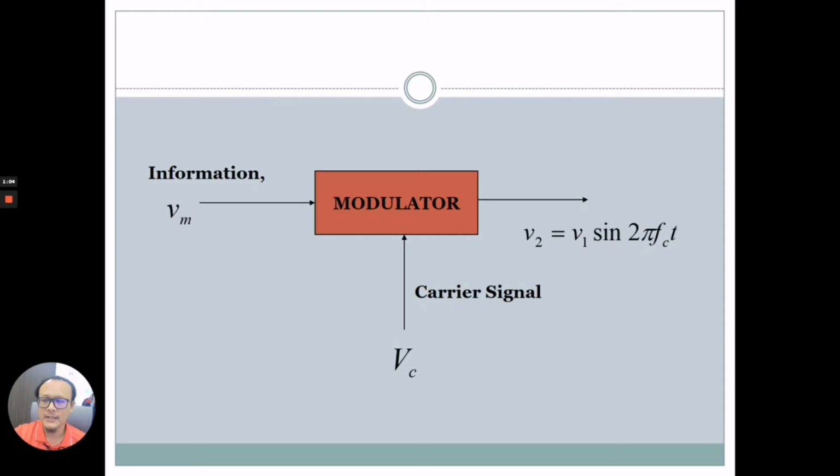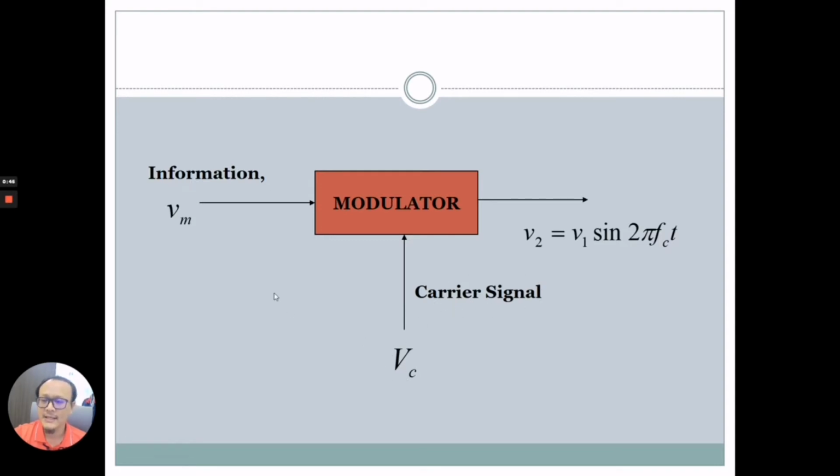So this is the general view of how modulation works. We have a modulator here, a circuit, and the input is the information, which is the modulating signal or baseband signal, VM, and another input is the carrier signal, VC.